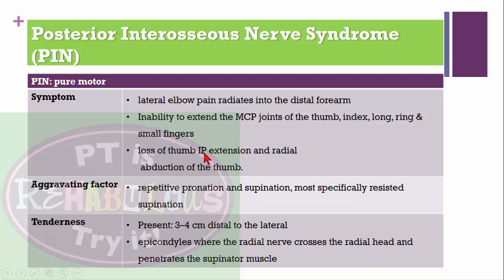Loss of thumb interphalangeal joint extension and radial deviation, and abduction of the thumb. Aggravating factors: repetitive pronation and supination, specifically resisted supination, aggravates the pain. Tenderness is present 3 to 4 cm distal to the lateral epicondyle, where the radial nerve crosses the radial head and penetrates the supinator.